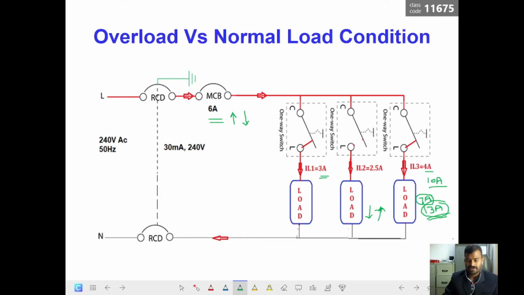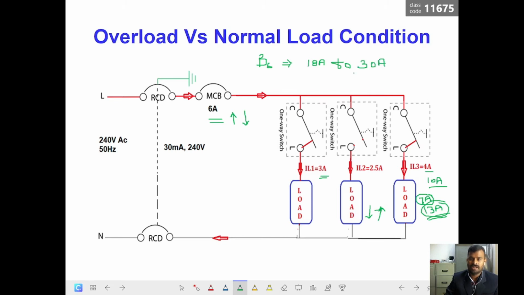So if it goes like this, say for example, I have a B type MCB, and this is 6 ampere, the trip curve will be like this: 18 amperes to 30 amperes. So this is the range for the overload conditions.